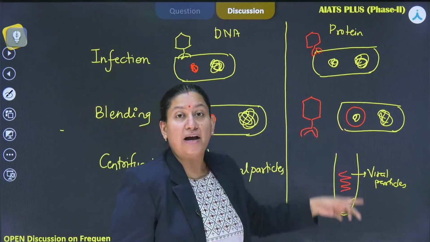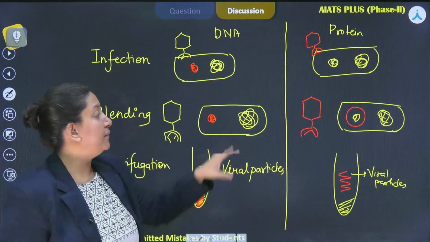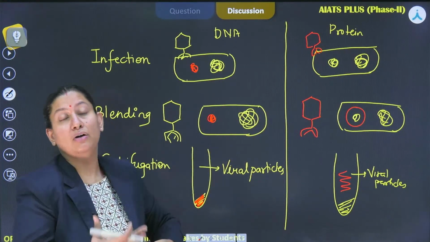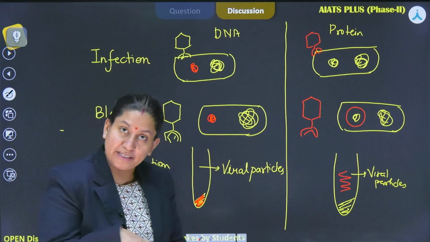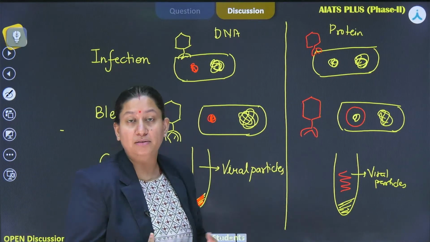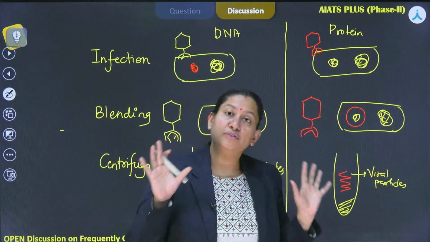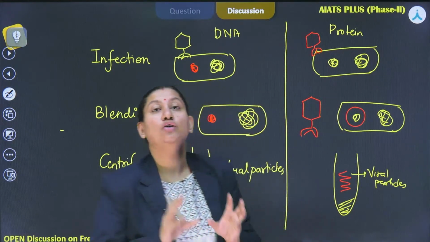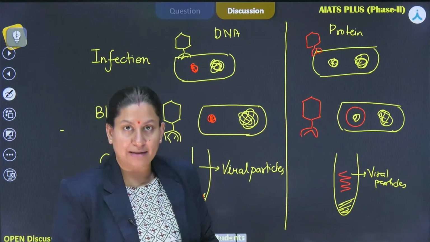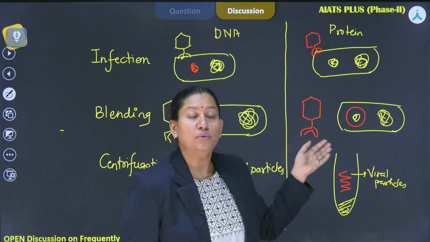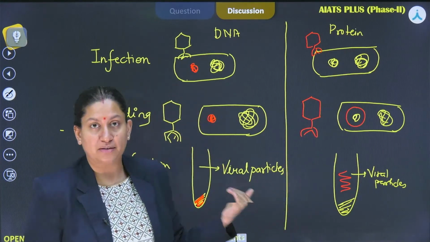That is the reason why if this bacteria is later allowed to grow on the medium and the T2 phage particles burst out and come out, then all those viral particles will have normal capsid and normal DNA, right, because the labeled one has already been separated from it.